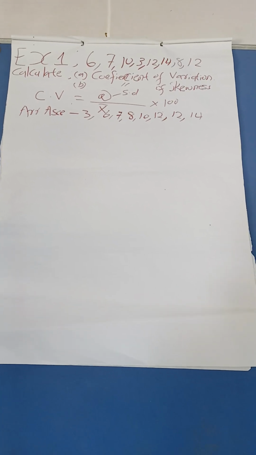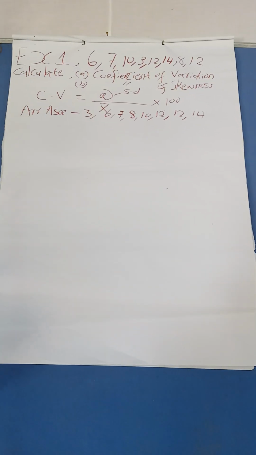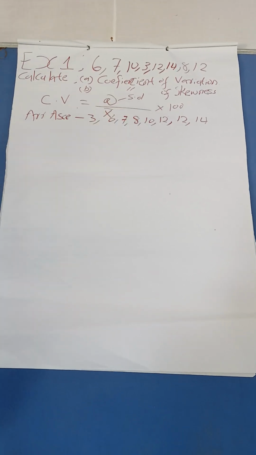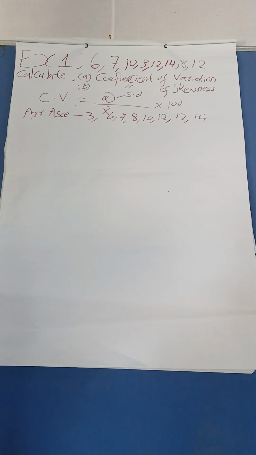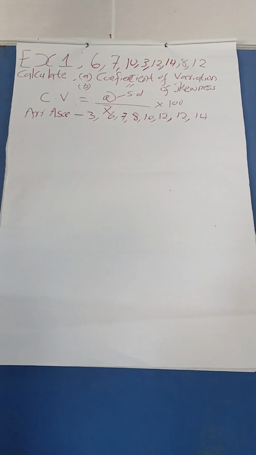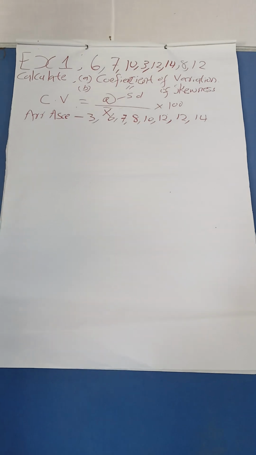Then step 2, in our formula we are supposed to get the mean of the same data, and also the standard deviation. Let me start with the mean, which is very easy.